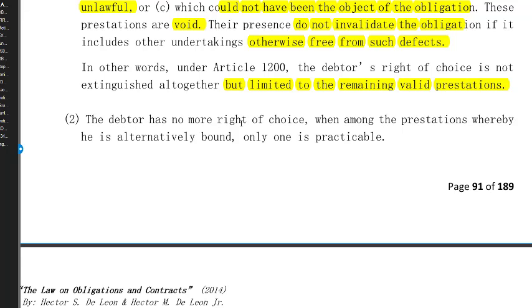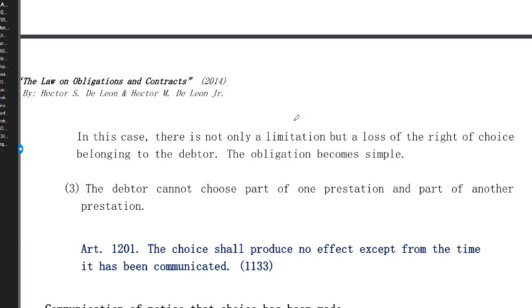The debtor has no more right of choice when among the prestations whereby he is alternatively bound, only one is practicable. So, parang nawawala na nga daw yung kanyang right to choice kapag only one na lang naman ang practicable. And then, in this case, there is not only a limitation but a loss of the right of choice belonging to the debtor, and the obligation becomes simple and pure.